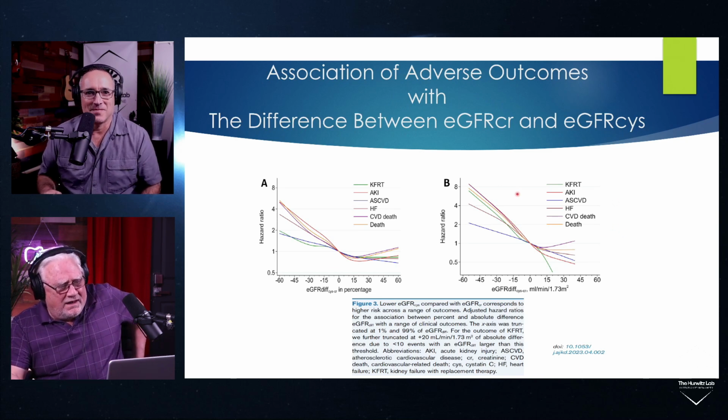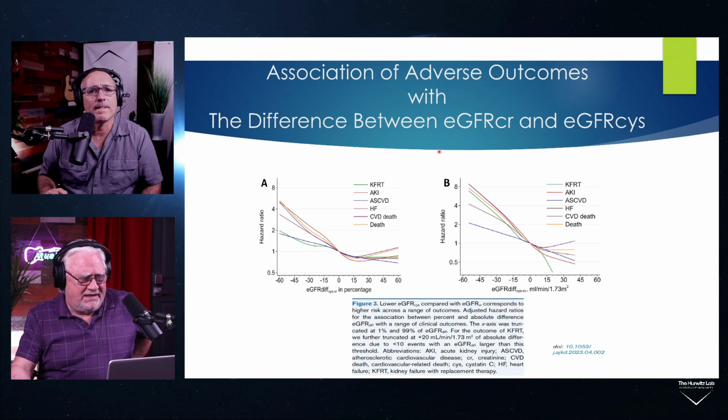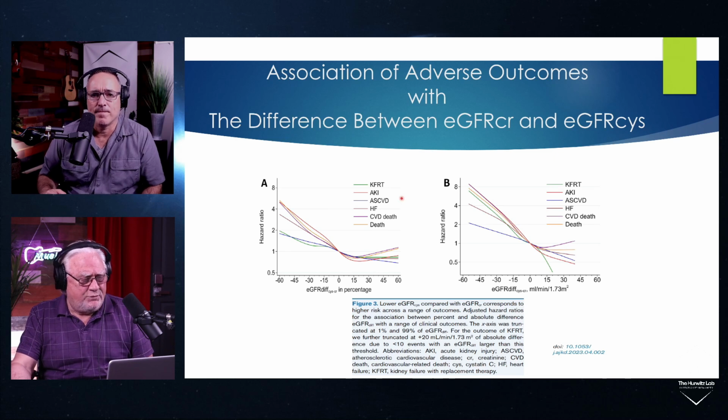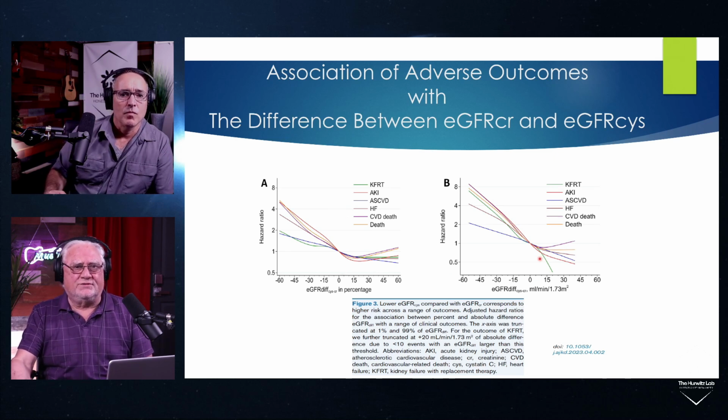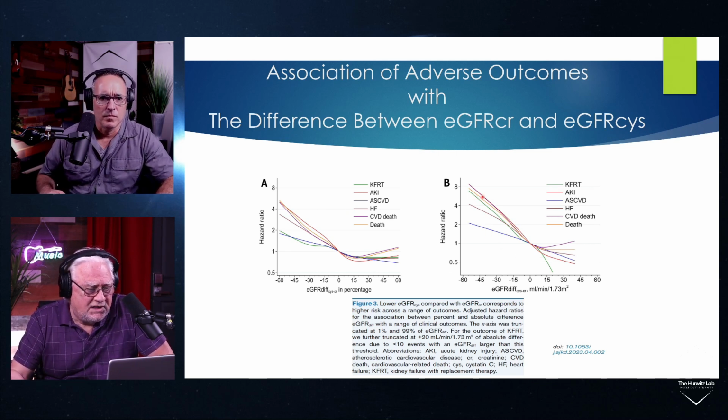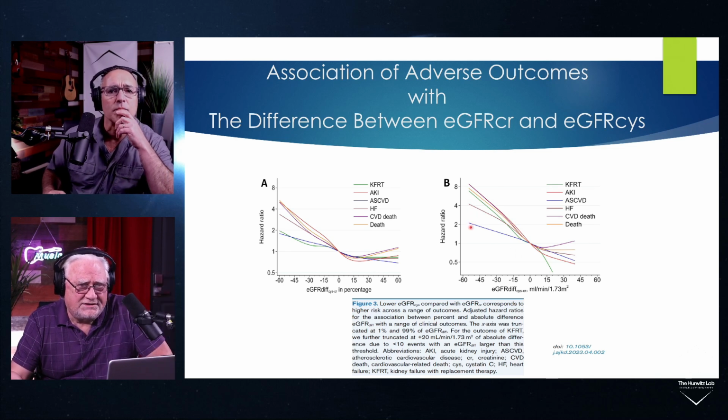So what this is, is the difference between the eGFR creatinine and the eGFR-Cystatin. The two panels: one is just reporting it as percentage difference, and one is the absolute difference. So just choose one of them. If you look at this, you have a difference of minus 60.